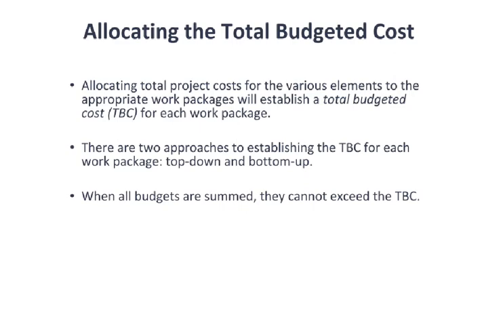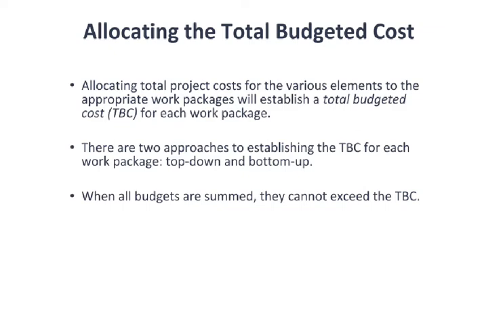We will now talk a bit more in detail about this first step, allocating the total budgeted cost to the work packages or the activities. Allocating that total budgeted cost to the work package will establish a TBC for that work package. So that is the total amount of money.